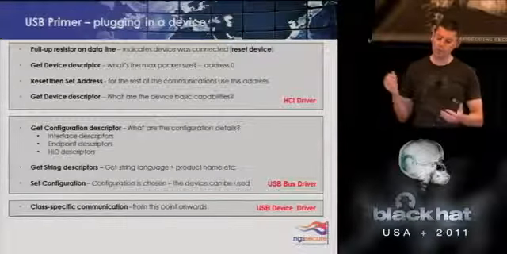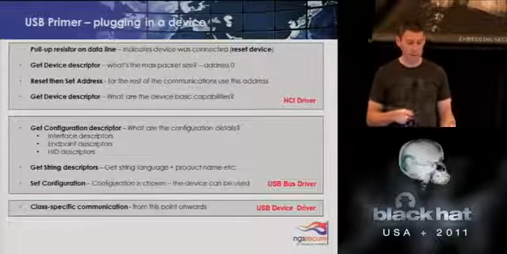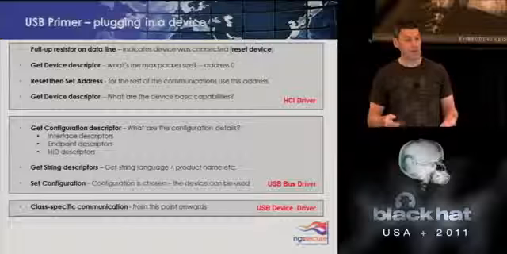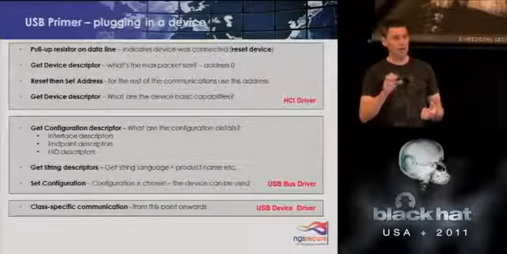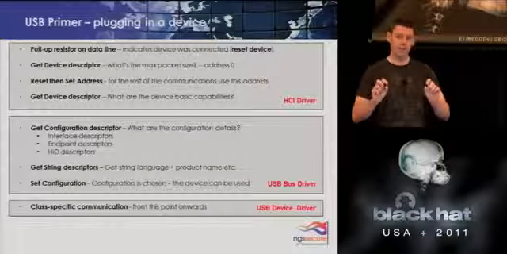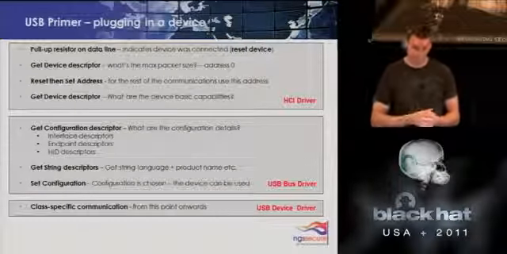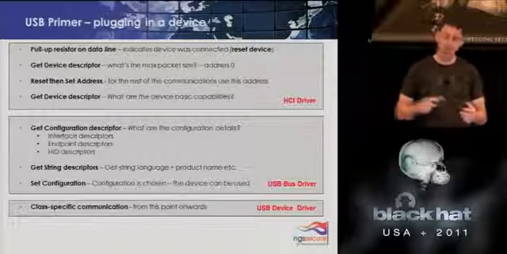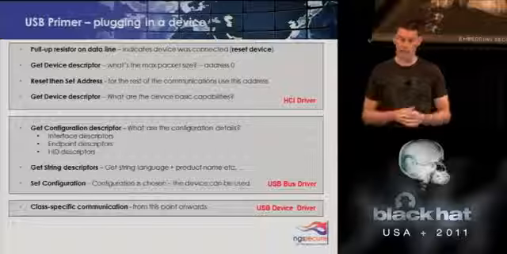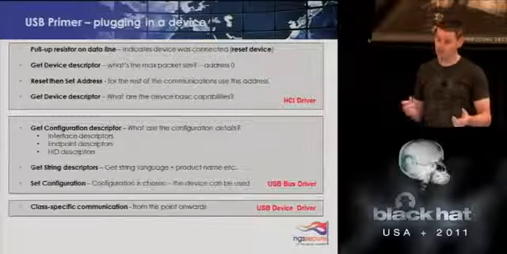So, for example, those configuration descriptor sets that I talked about all get downloaded, and string descriptors too. As I said, when you plug in a device, certainly in Windows, you'll see the little pop-up showing the strings that come out of the string descriptors that say this is a mass storage device or whatever. And then one of those configuration sets is chosen by a set configuration command, which is sent to the device.